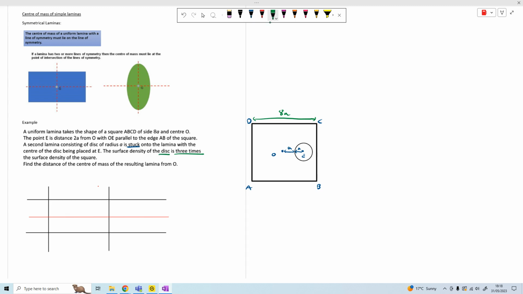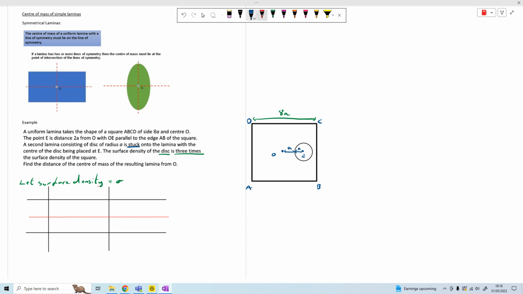So let's call the surface density of the square sigma, because then the square is 1 sigma and the disc is 3 sigma.